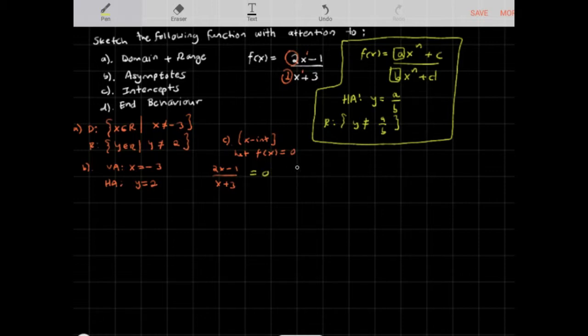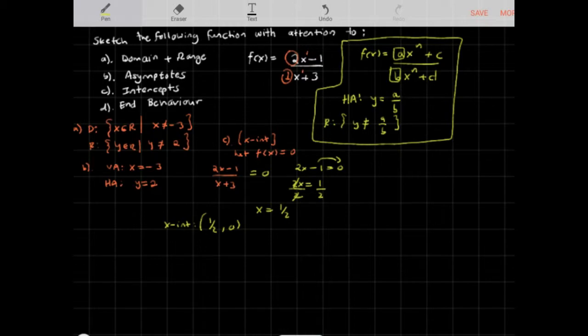So we let 2x - 1 = 0. I'm going to move the 1 to the other side, so 2x = 1, and solving for x, x = 1/2. So the x-intercept is (1/2, 0).